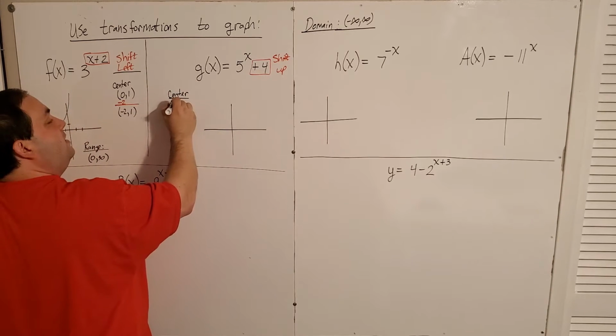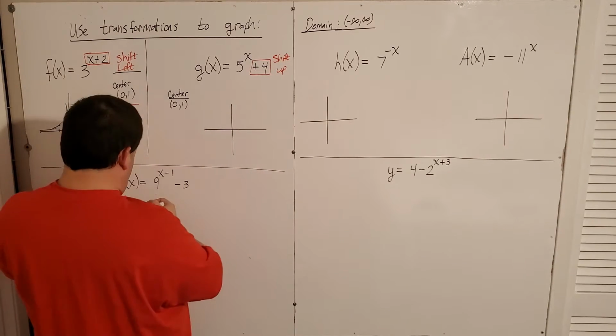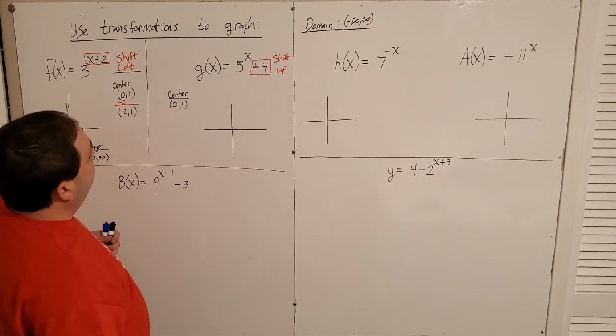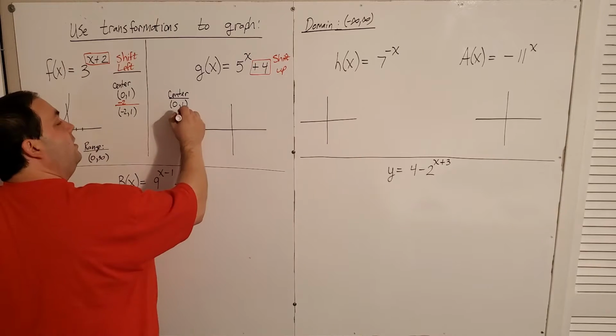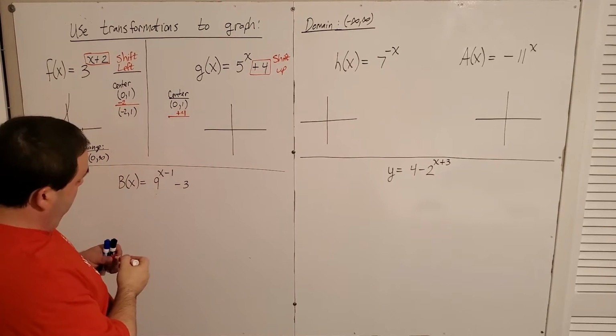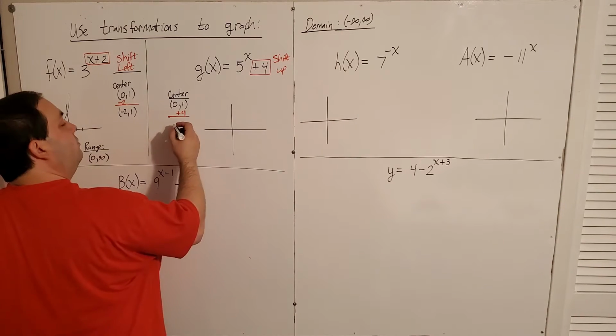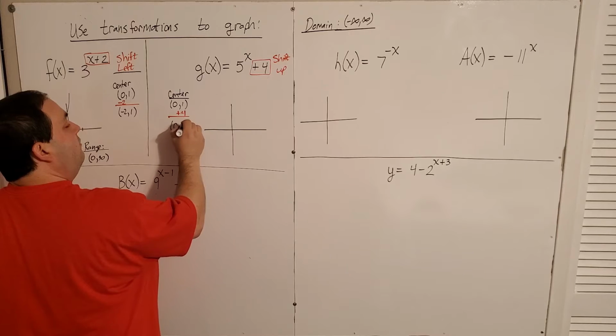It used to be 0, 1. Shifting up by 4 means that I'm going to be adding 4 to this guy here. Just the y value. Okay, so then my new center should be 0, 5.